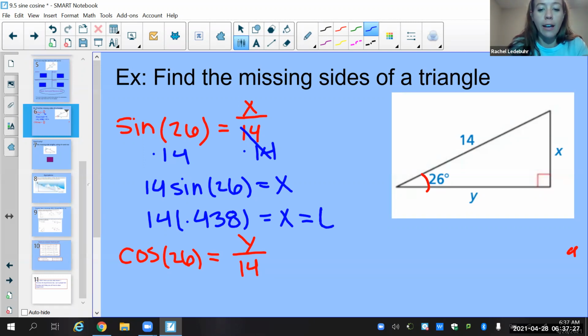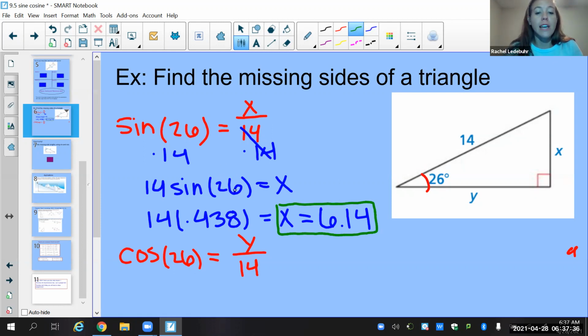So that's how long x is. Now, if you don't have a fancy calculator, again, your phone calculator does this for you. You just have to hit the 26 first and then the sine button. Turn your phone calculator sideways, hit 26 and then sine, and you should still get the 0.438.